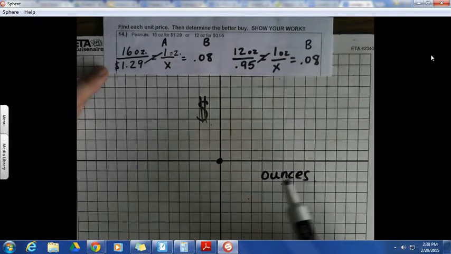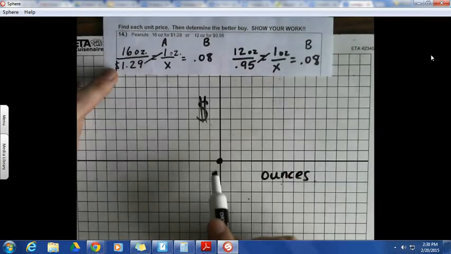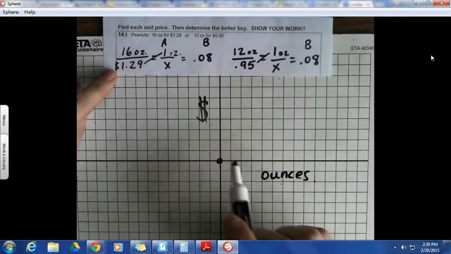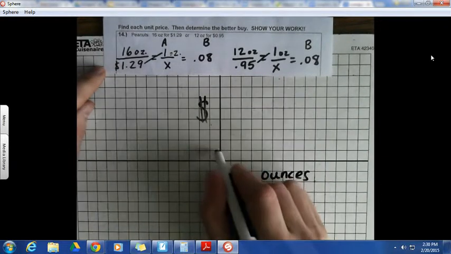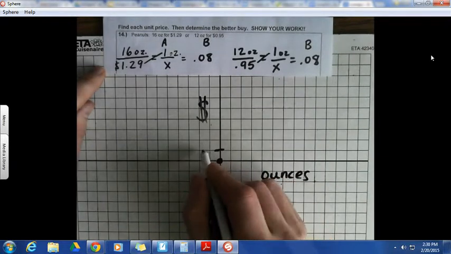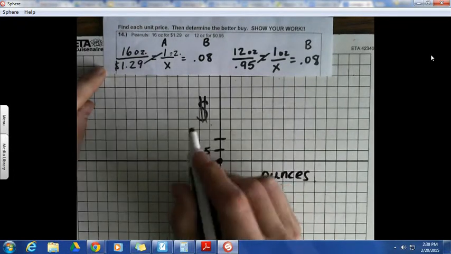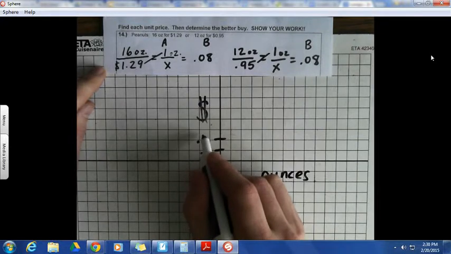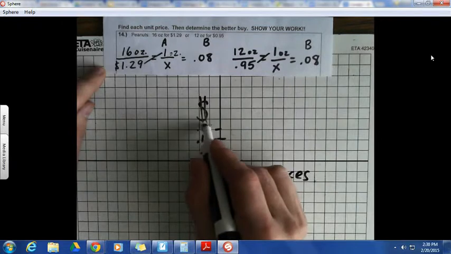Alright, so we have 1 ounce for brand A. So we're going to go to the right one, and let me label my dollars here. Let's start at 0.05, and we'll have this one be 0.10, 5 cents, 10 cents, 15 cents.